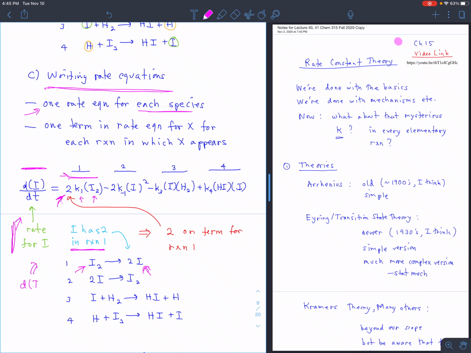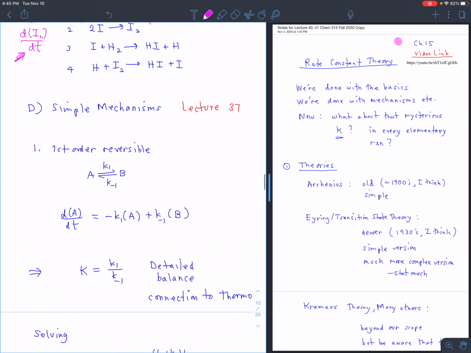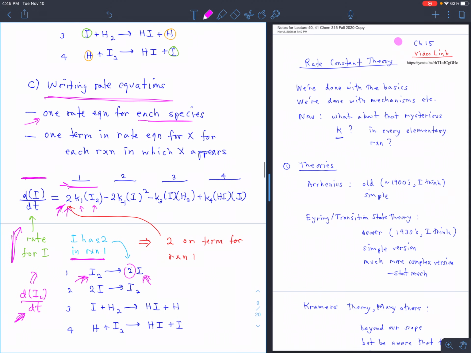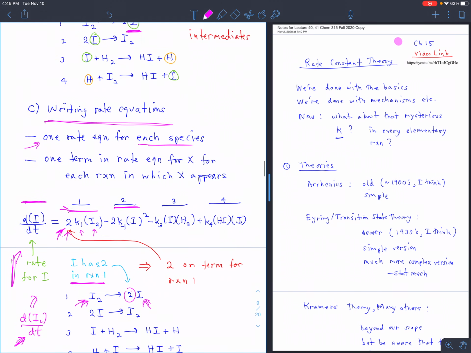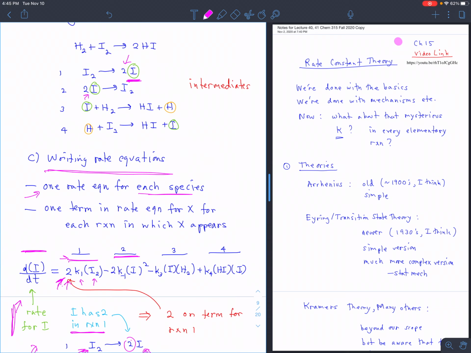If we were writing dI2/dt, even though the 2 is over here, it's not on I2 itself, and so it wouldn't appear in the term from reaction number 1. All right, so we can go on. So here's the term from reaction number 2, which is just the reverse reaction. That's a second order case, right?